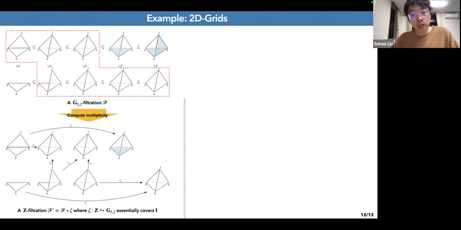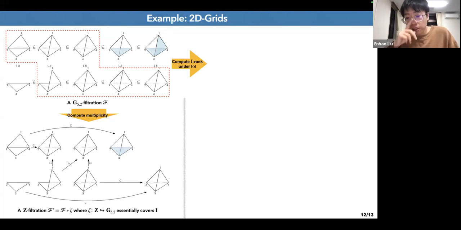Then you compute, because we have a very nice fast algorithm to compute the zigzag persistent homology. You just decompose it, and you find how many full intervals, namely everywhere is k, and you find the multiplicity of that. So that multiplicity tells you the multiplicity of the original interval in your original filtration.